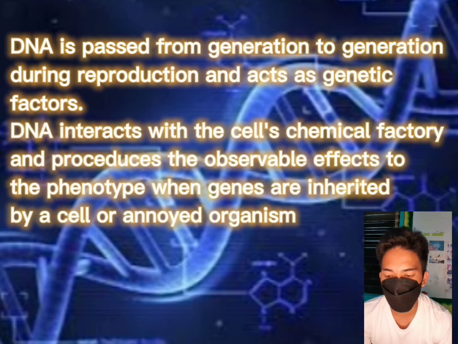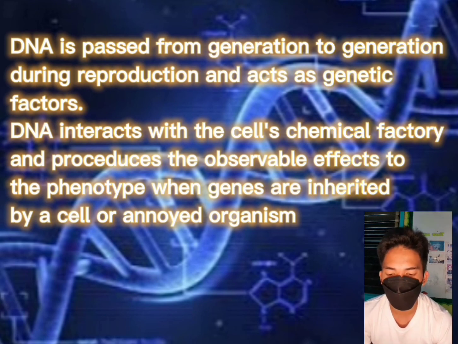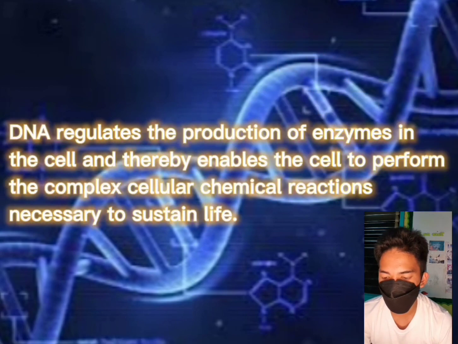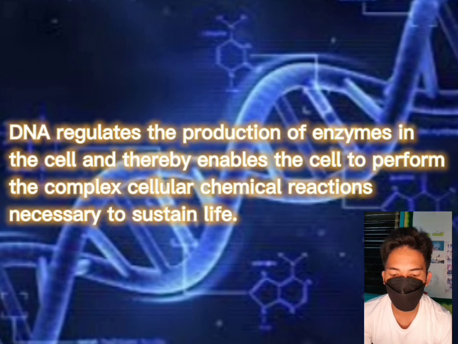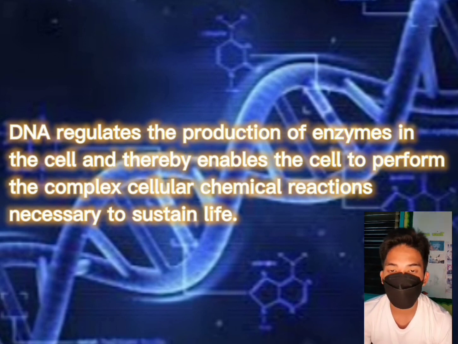DNA interacts with the cell's chemical factory and produces the observable effects of the phenotype when genes are inherited by a cell or an organism. DNA regulates the production of enzymes in the cell and thereby enables the cell to perform the complex chemical reactions necessary to sustain life.